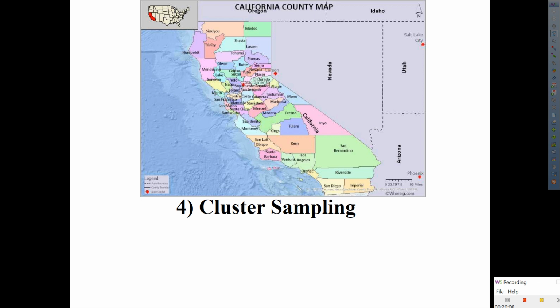What do you think, Andrew? Stratified is when you select only the ones that are specifically what you're looking for. In this case, this is cluster. Why cluster? Because it was the entire county, and they broke it into smaller groups, which are the districts. Okay? Copy that one, label it cluster.